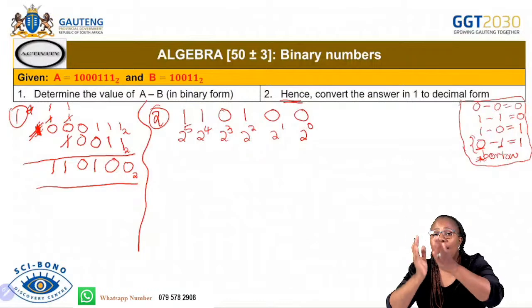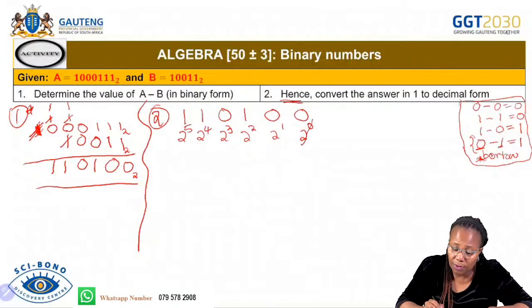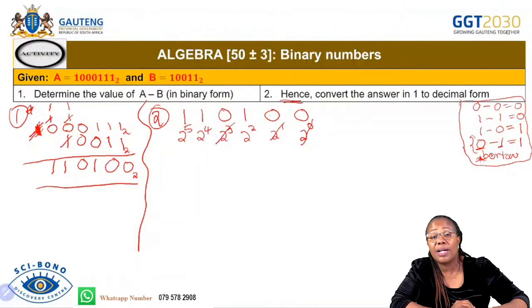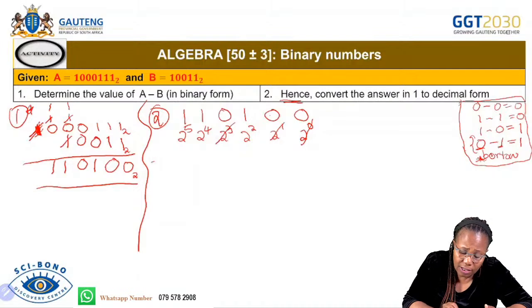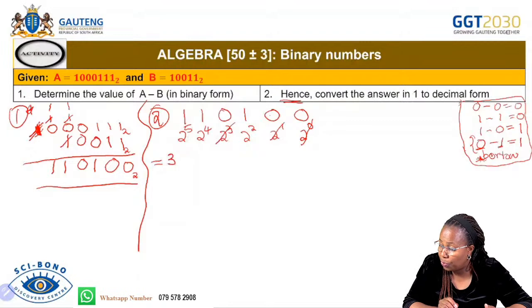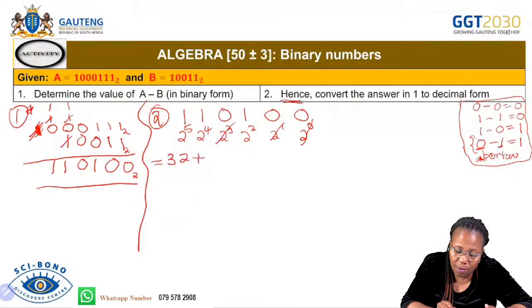And then where we are having zeros, that one will not give us the values. Can you see that where we are having binary 0, I am cancelling them out. They are not part of our solution. So our final answer will be now 2 to the power 5, which is 32. Correct? Plus 2 to the power 4, which is 16. Plus 2 to the power 2, which is 4.